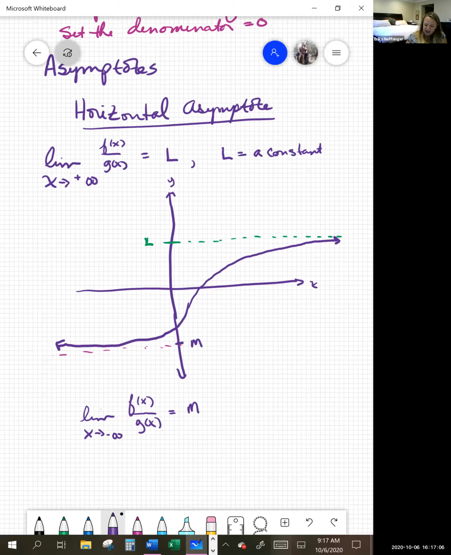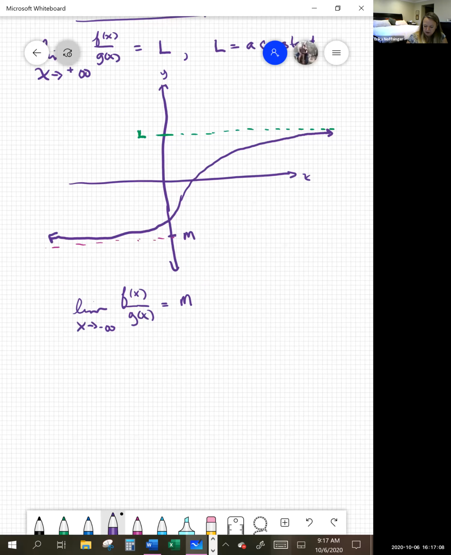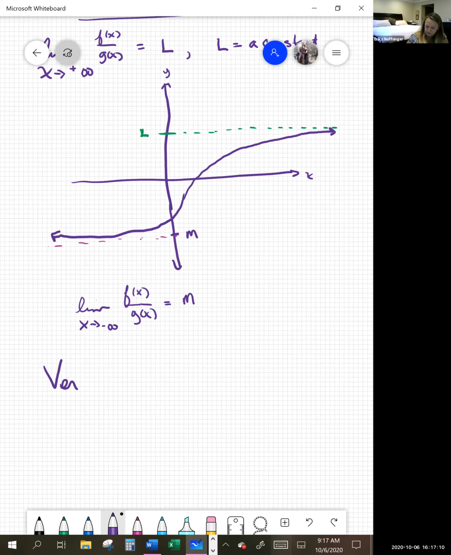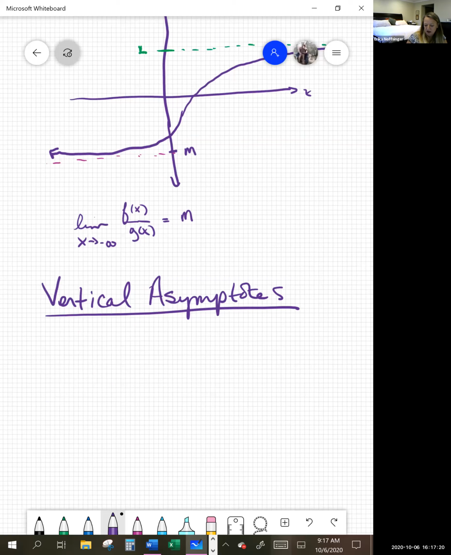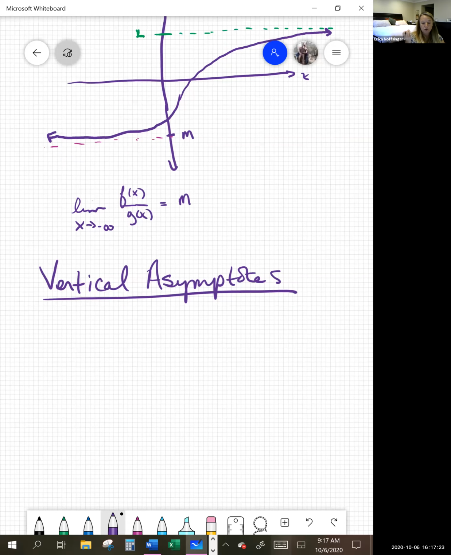And then vertical asymptotes. These are going to occur as you're heading towards some x value. Your y value is going to shoot off to some positive or negative infinity.